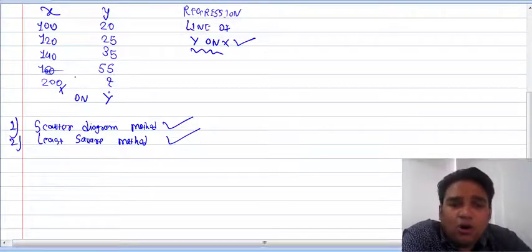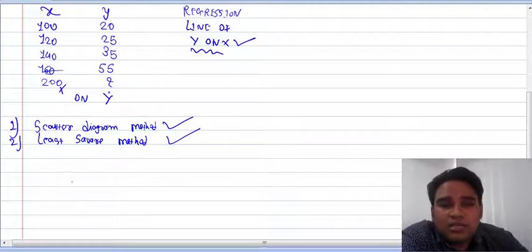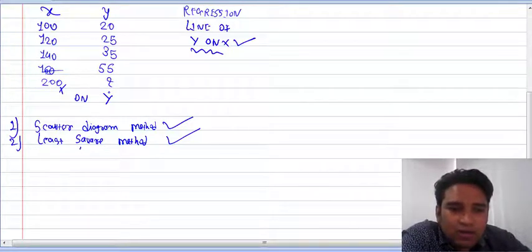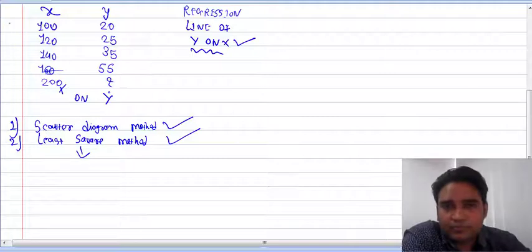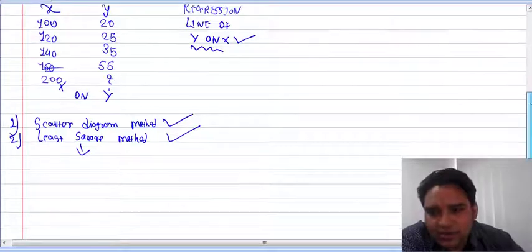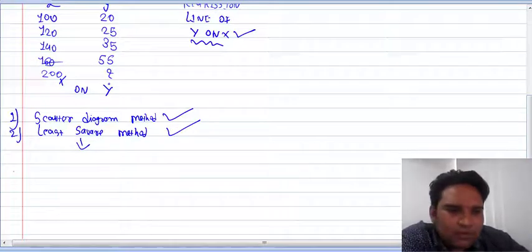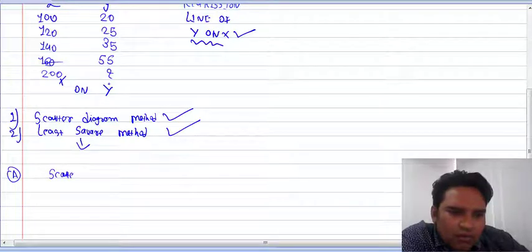Here also in regression, the practical question will come from the least square method only. But yes, we need to understand the scatter diagram method first. It is very easy compared to correlation.